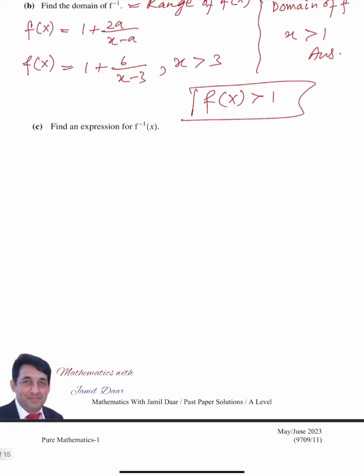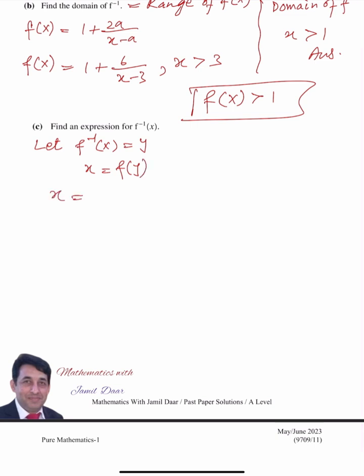Next is part C. In part C, they are saying find an expression for the f inverse of x. As you did in the O levels, we'll let f inverse of x be equal to y. Then x is equal to f of y.